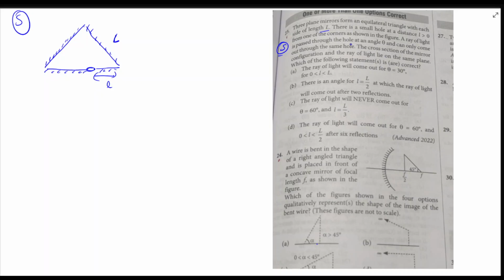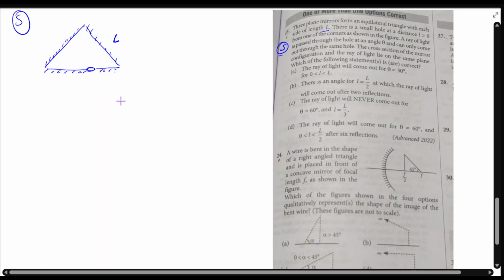Now what happens is a ray of light passes through the hole at an angle theta. So this is the light ray. It is coming at an angle theta. Let me make the diagram more clear. So it should be like this, right?